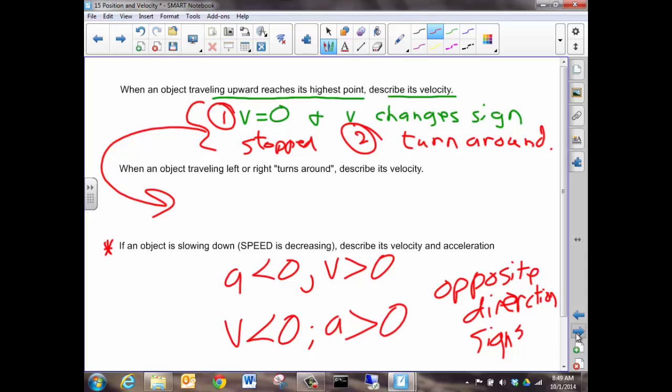If you want to slow down from going backwards, what do you have to do? Get off the accelerator, put on the brake. You have to stop accelerating backwards. You have to decelerate. The acceleration becomes positive. This is information that you're going to need to refer back to, either in your head or your notes, as you look at FRQs going forward.